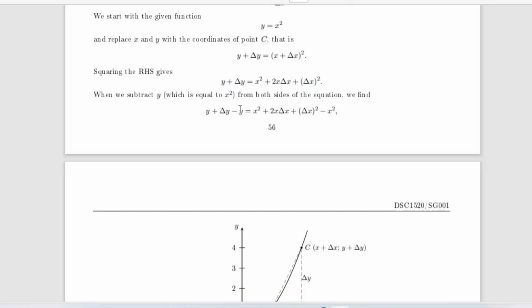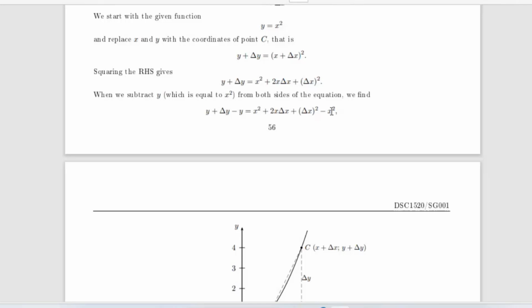We subtract y, which is equal to x squared. On the left-hand side, they are subtracting y. Are you saying from this bracket where they are saying y equals x squared, then on the right-hand side, instead of subtracting y, they are subtracting x squared? Yes, sir. I think it makes sense.